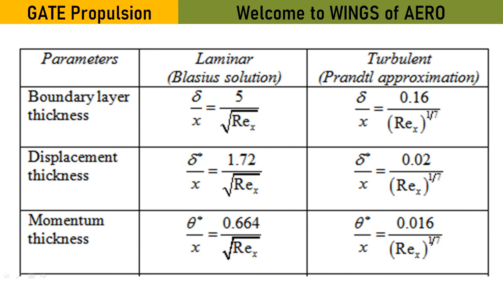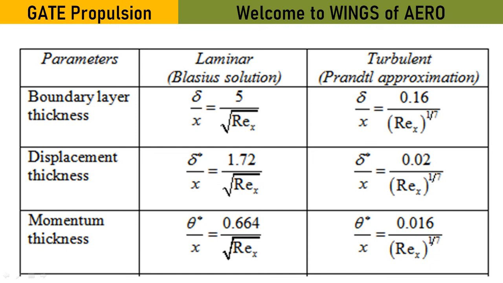The boundary layer thickness of 1 meter from the leading edge of a plate kept at 0 angle of incidence to the direction is 1 mm. The velocity outside the boundary layer is 25 meter per second.